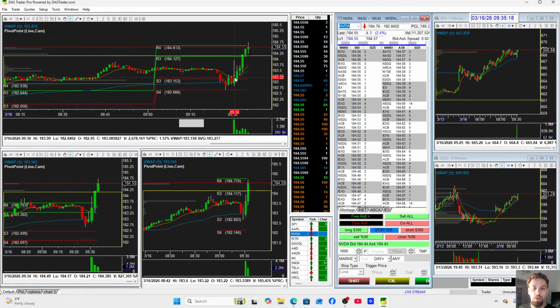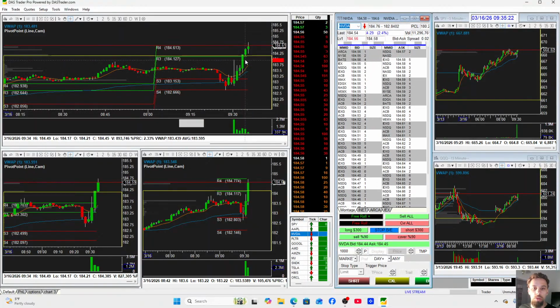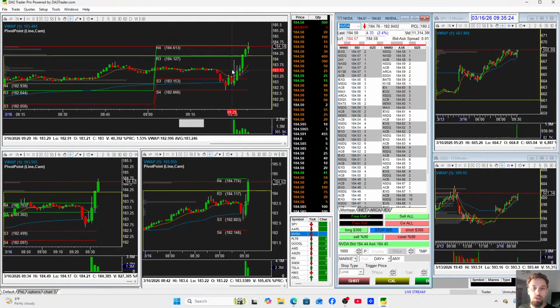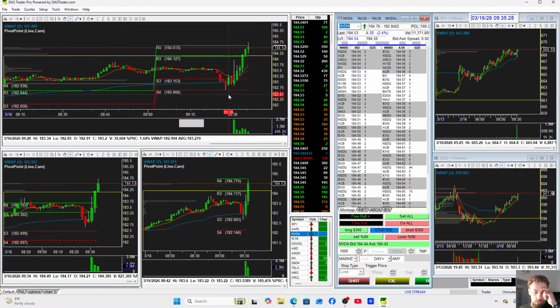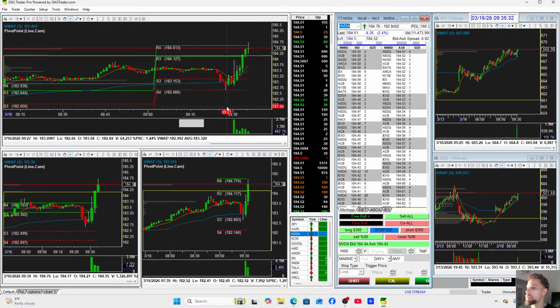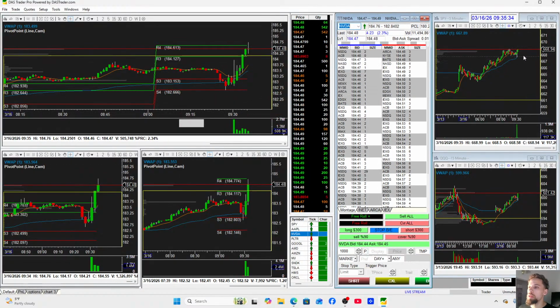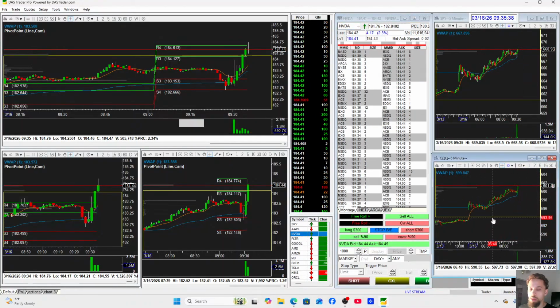That first candle was a lot of selling pressure. Price has obviously been moving up, but this initial candle with 2.7 million shares, it's a lot of volume. SPY is looking pretty bullish. Qs is looking bullish as well.